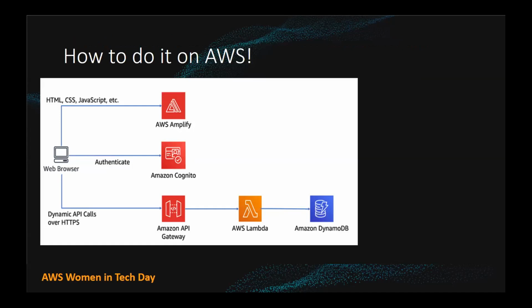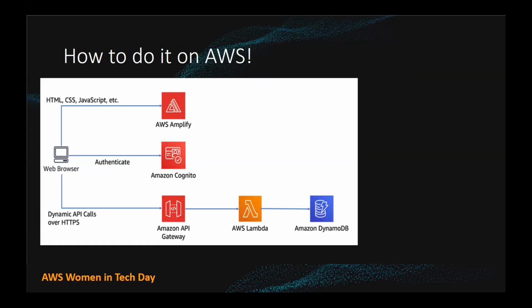You have a web browser. The application is hosted using CodeCommit and Amplify. The application code is held in CodeCommit, and then you have Amplify to expose the code to the web browser. For users to authenticate, we are using Amazon Cognito.